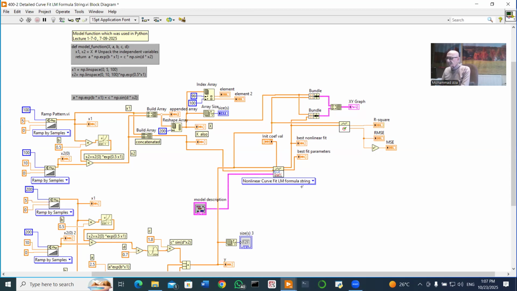Remember, I have told you that this algorithm has two settings or options, either to use nonlinear curve fit LM formula string, which we are working with now, or to use nonlinear curve fit LabVIEW.